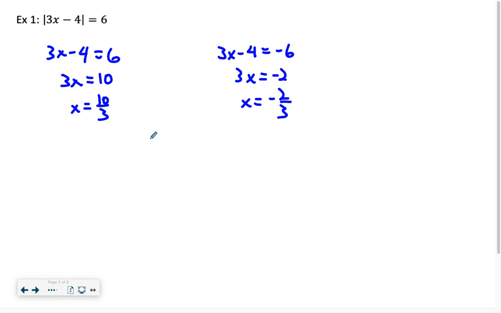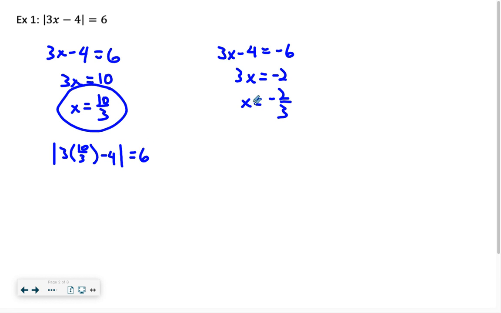Now we do need to check in our original equation because we can get extraneous solutions here. So if I plug 10 thirds in, I have the absolute value of 3 times 10 over 3 minus 4. So 3 times 10 thirds would be 10. 10 minus 4 is 6. And the absolute value of 6 is 6. That works.